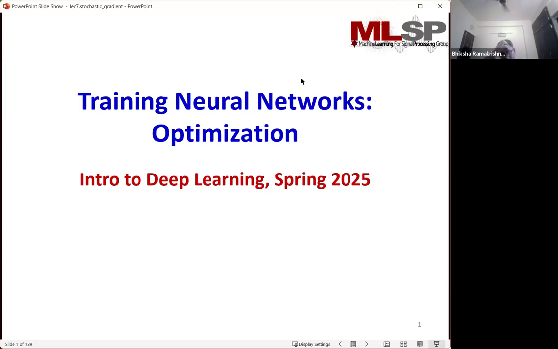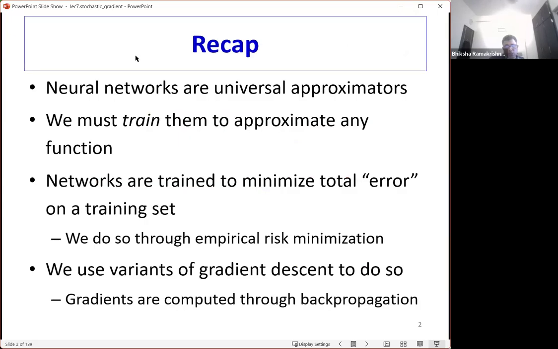All right. So let's begin. We are going to continue our series on training deep neural networks. So here's what we've seen so far. That neural networks are universal approximators. They can model any function, but in order to model any specific function, we have to train them to do so.